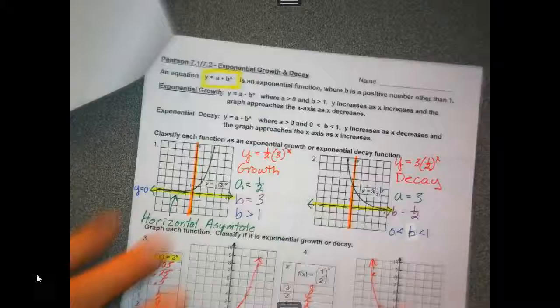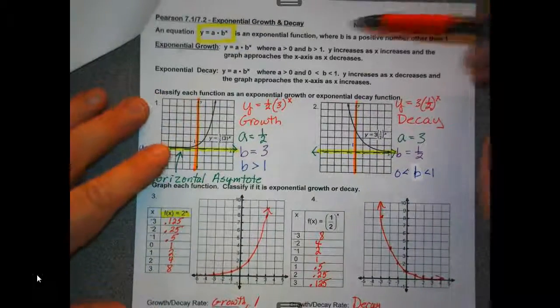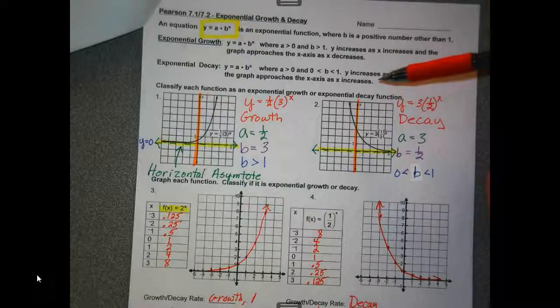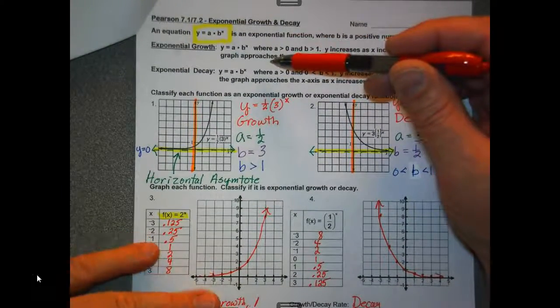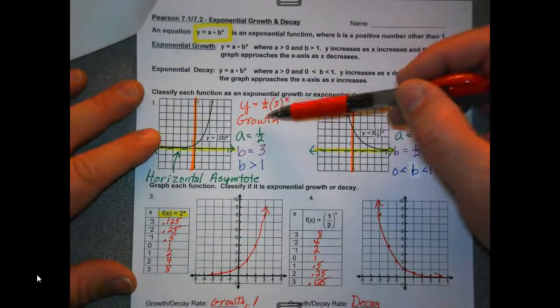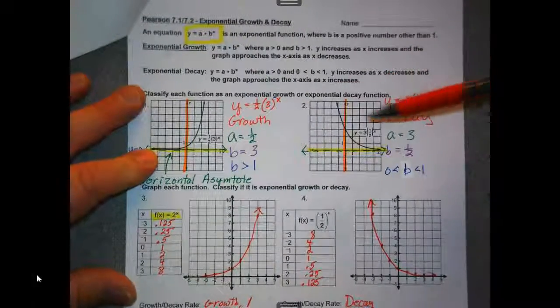Okay, so yesterday we did 7.1, 7.2, A1. We only got halfway through part one, where we talked about the exponential function, and we talked about what denotes an exponential growth.